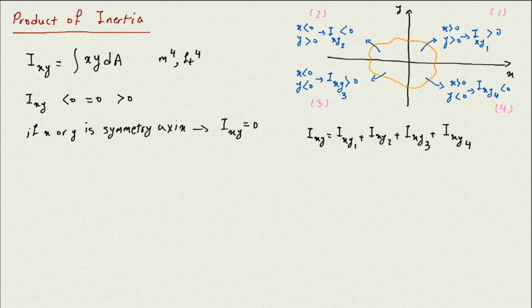Similar to what we have for the moment of inertia, we have the parallel axis theorem also here for the product of inertia. So what does that say?